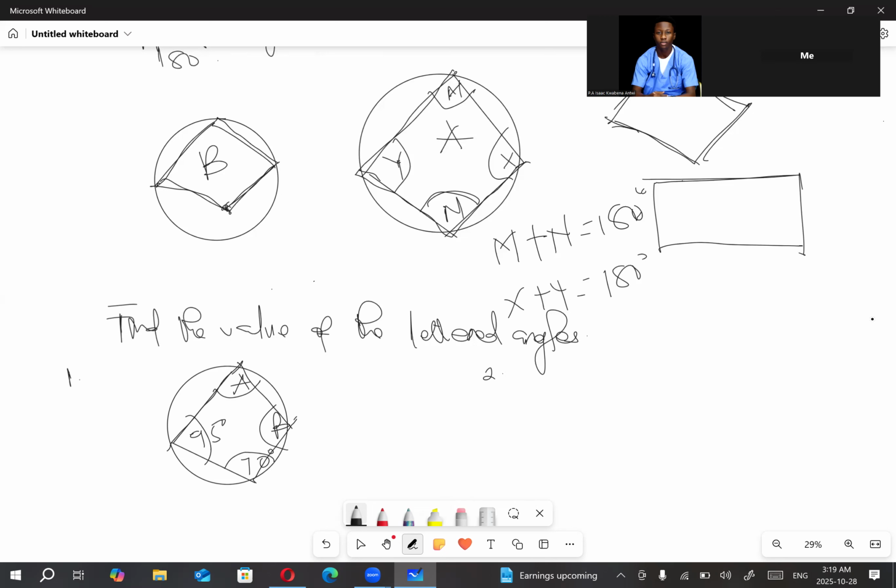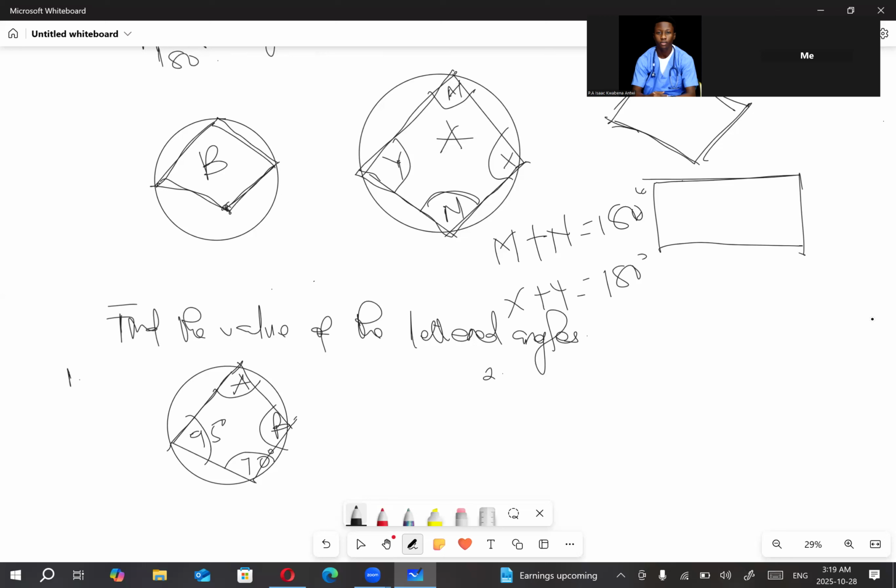So the underlying point is that the quadrilateral must touch every part of the circle. It should not be hanging inside the circle. Then you can conclude to say it's cyclic.